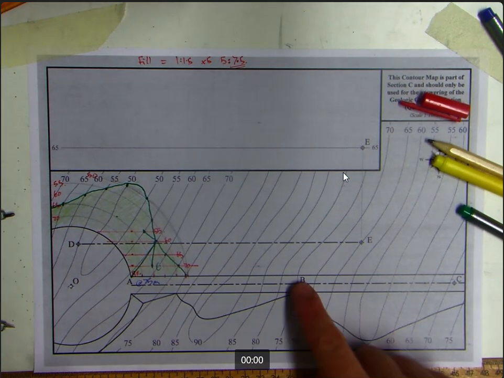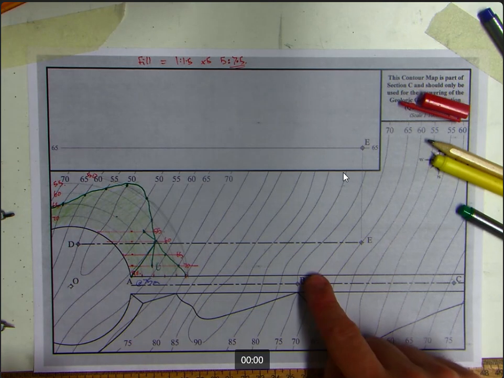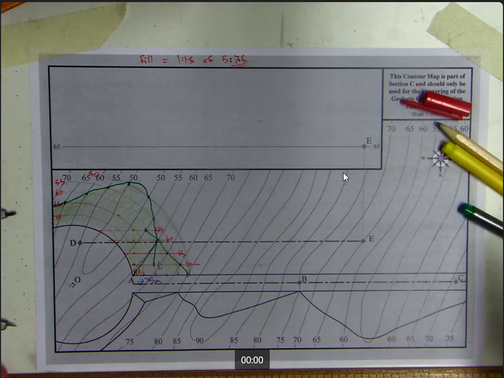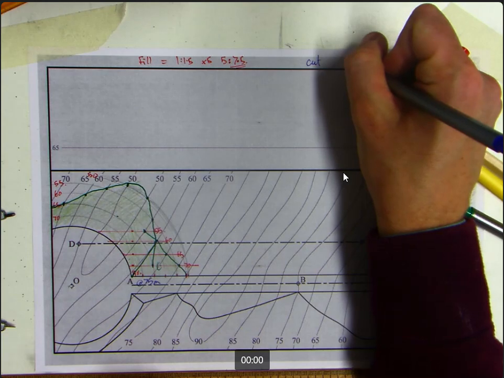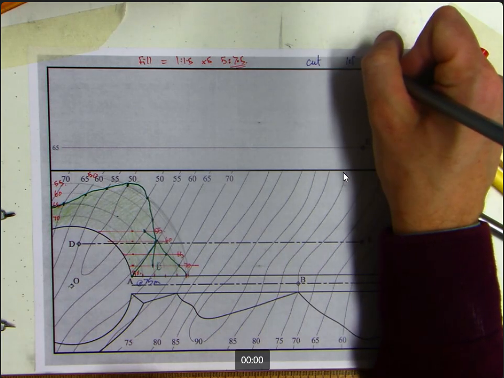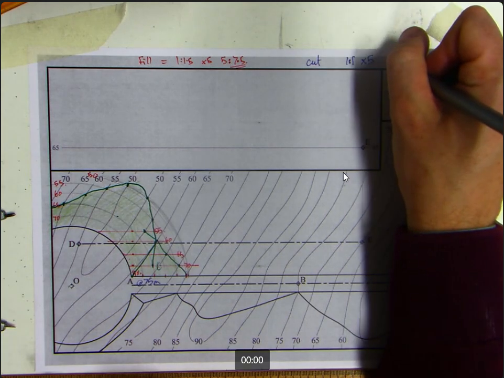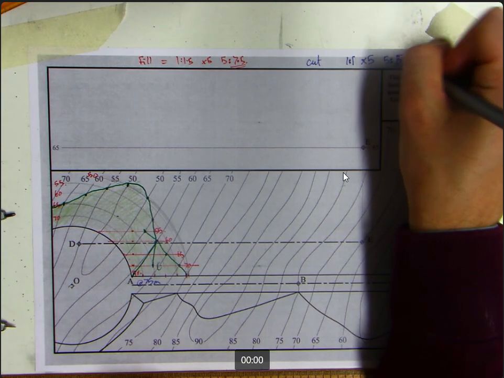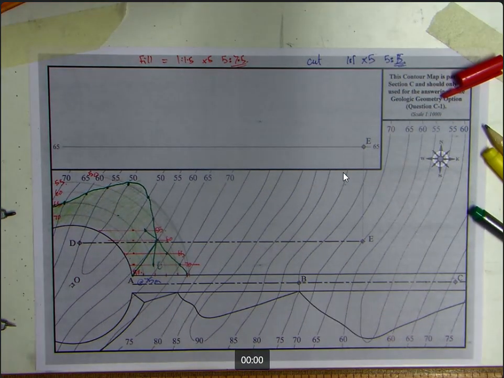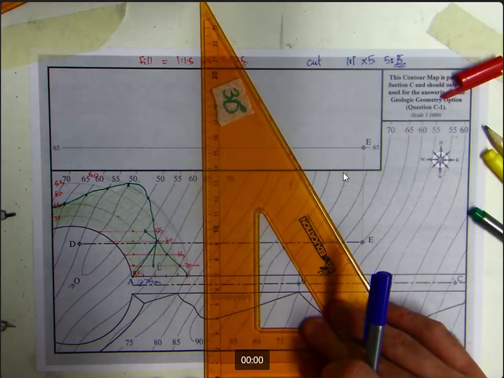So then we're going to go for this section here, and this is going to be our cut section. And the ratio for the cut is 1:1. We need to multiply that by 5 because the contours are in 5s, and therefore the spaces will be in 5s. So, here's my blue.